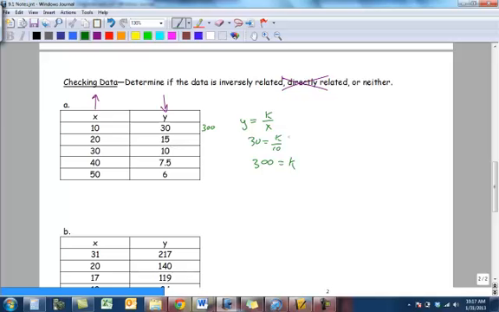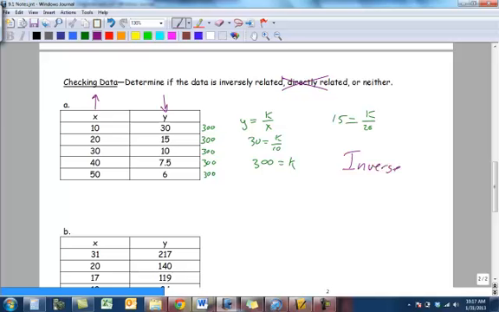So here's the thing. Rather than set up 15 is equal to k divided by 20 and have to solve this each time, k equals y times x. 20 times 15, 300. 30 times 10, 300. 40 times 7.5, believe it or not, 300. 5 times 6, 300. Since k is the same in all of these entries, this indeed does vary inversely.